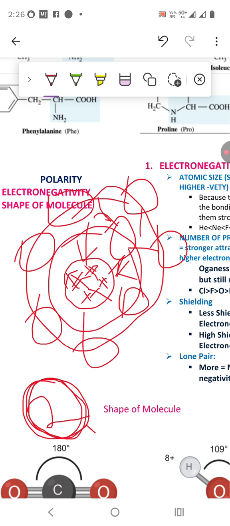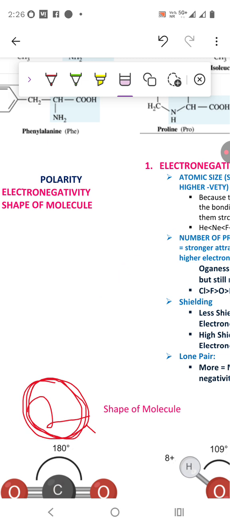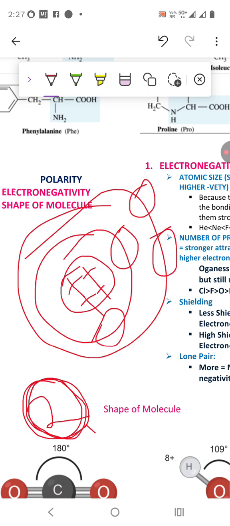Let's say, for example, let me draw again. This is a proton present inside the nucleus. This is the first shell and this is the second shell. There are 2 electrons in the first shell and also only 2 in the second shell: 1s2, 2s2 and 2p2.